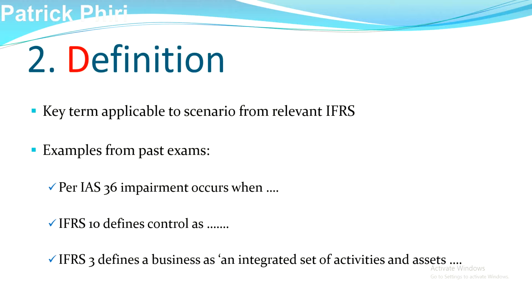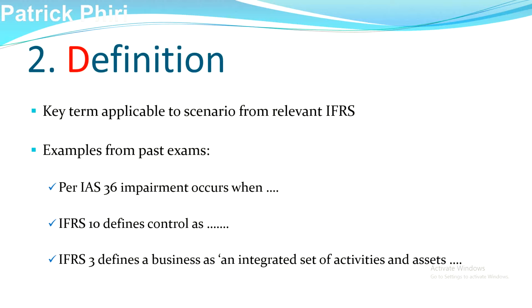It could be a scenario to deal with issues of control, consolidation. Should you consolidate the entity that has been acquired? Is there control? So what's the definition of control? You need to know that by IFRS 10, control is defined as. You should be able to define that. Or again, it could be a business combination issue. Is it really a business? So what is a business?